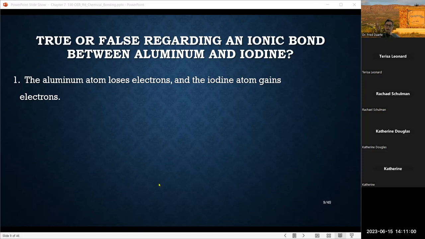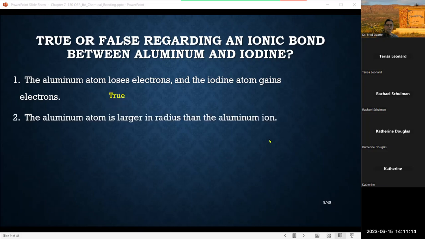Because aluminum is a metal, so it will lose electrons. And iodine is a nonmetal, so it will gain electrons. Okay. Now, read it carefully, the aluminum atom is larger in radius than the aluminum ion.